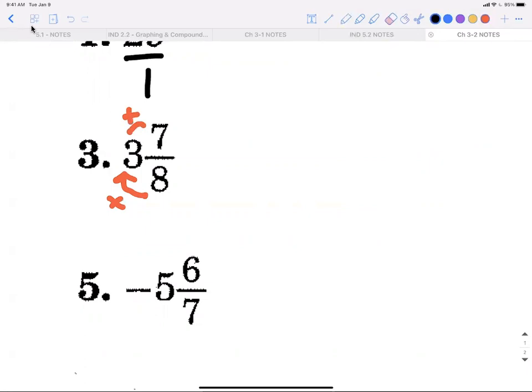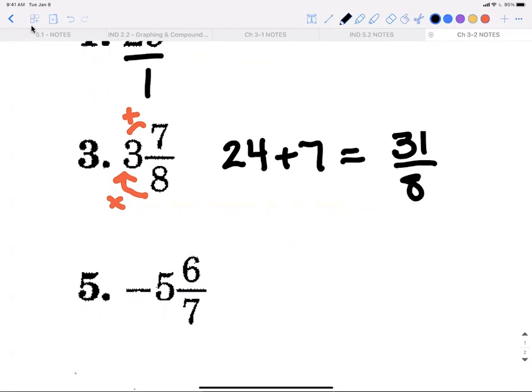So 8 times 3 is 24, plus 7 equals 31 over, keep your denominator. And that's your final answer. You reduce if you can, but on these you shouldn't be able to reduce. You won't be able to reduce mixed ones. Multiply and add, keep your denominator. Okay.